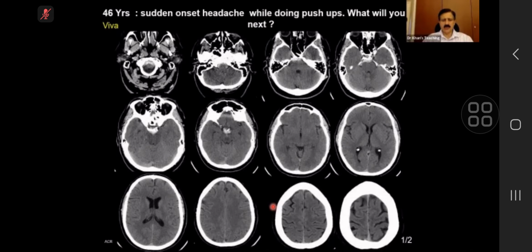But if clinically you are absolutely sure, you are very worried, and the CT does not show a subarachnoid hemorrhage, you can do an LP and send the sample for RBC count as well as xanthochromia, which is bilirubin. So that is considered the gold standard. So this can be a viva question.